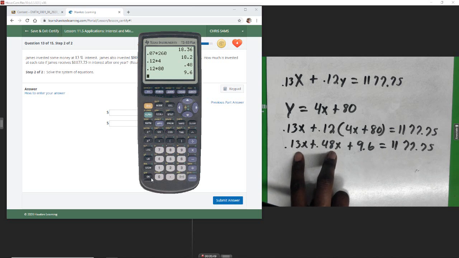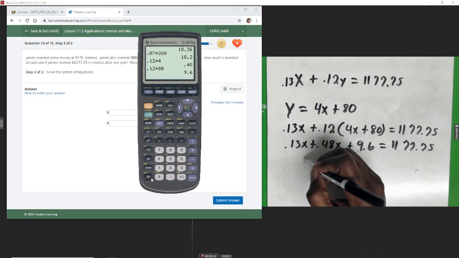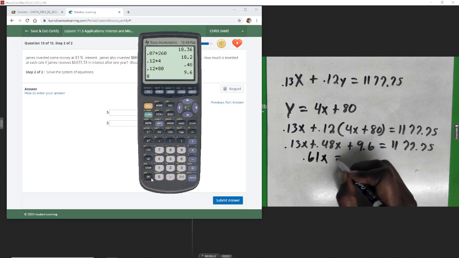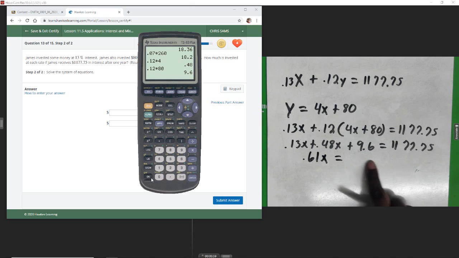So adding these two, we get 0.61x, and then that's going to equal, so go ahead and subtract the 9.6 from here, and just because it's odd numbers, I want to make sure I don't make any mistakes, 1168.15.